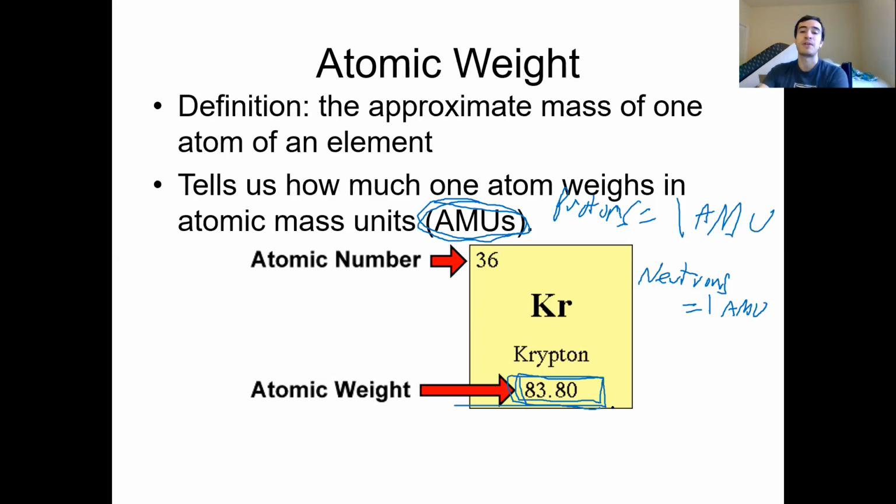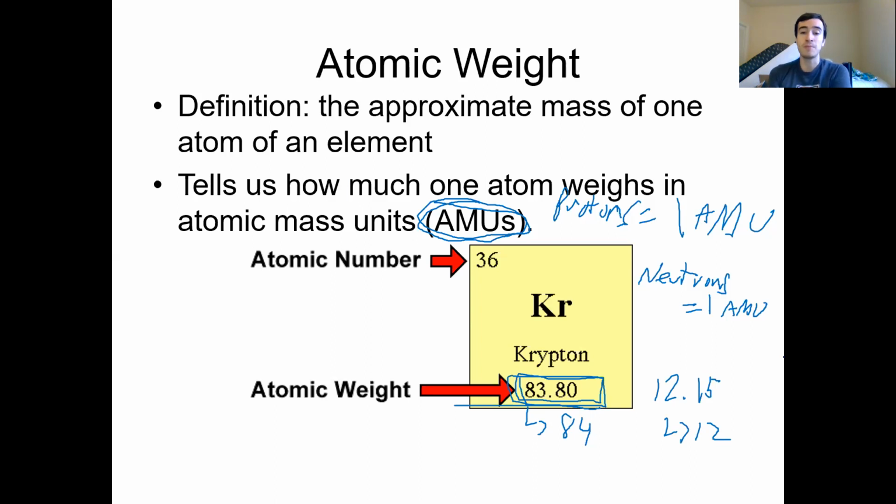We're not really going to worry about that. Like I said earlier, we're just going to round our atomic weights to the nearest whole number. So if we had 83.8, it would go to 84. If we had something like 12.15, we would round it to just 12.